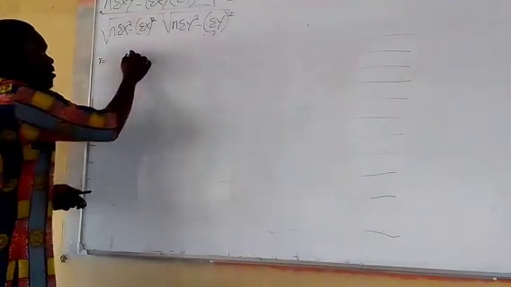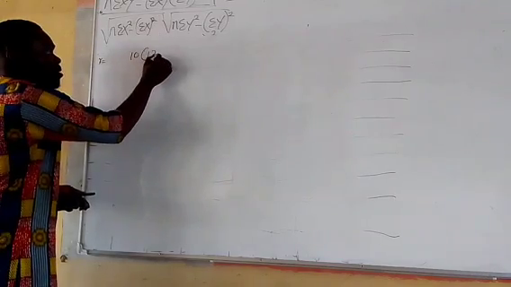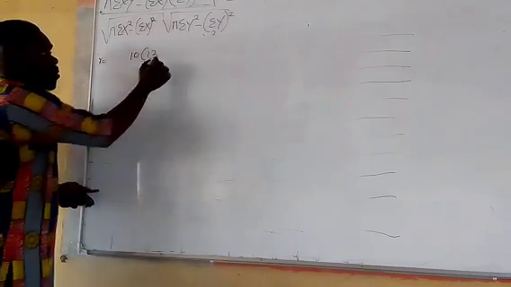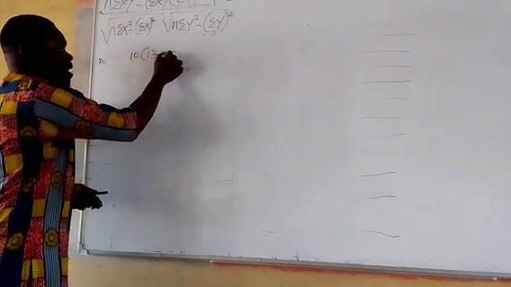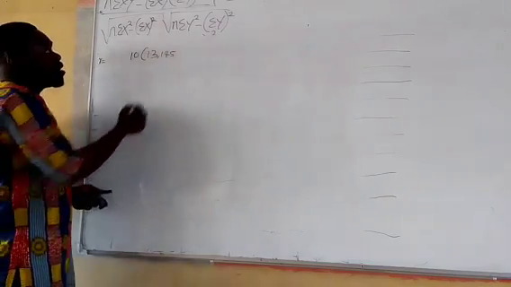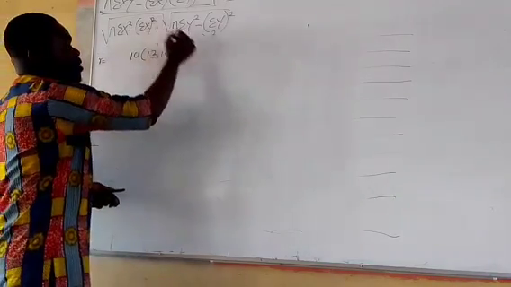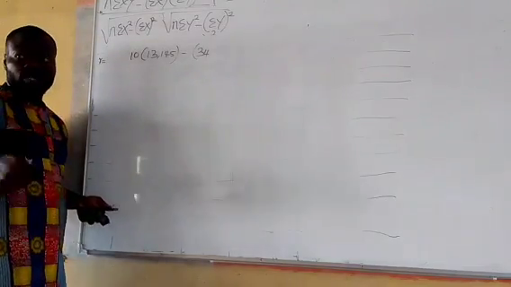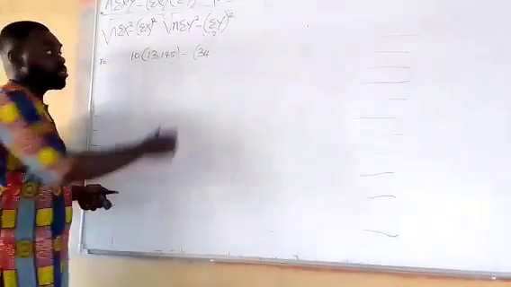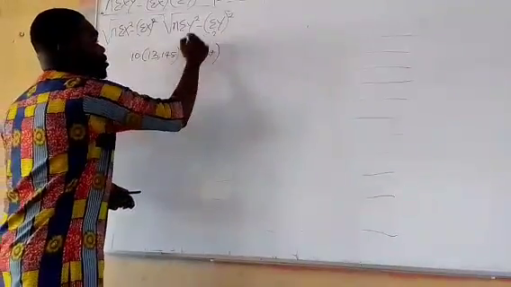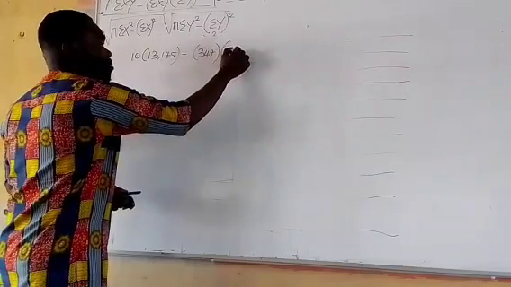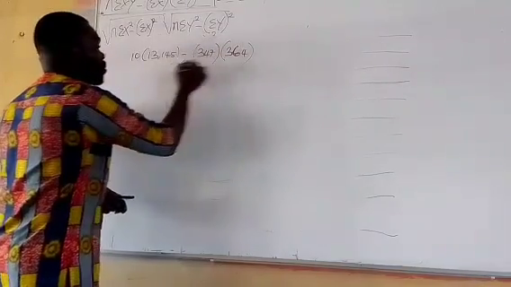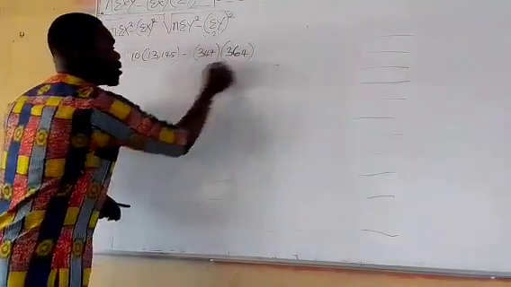You say 10 bracket open 13,145. Minus summation x is what? 347. Summation y is what? 364. All over.